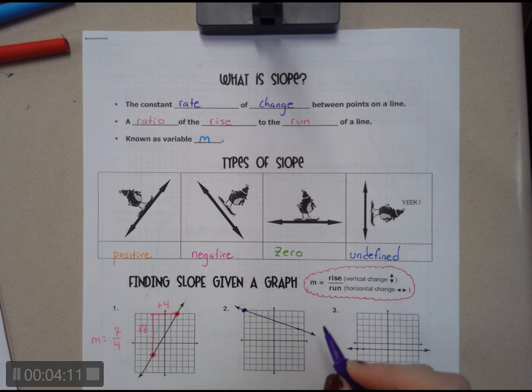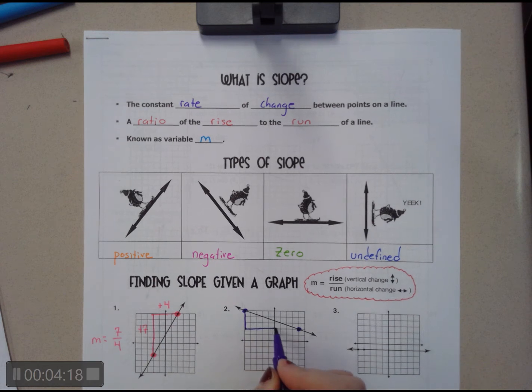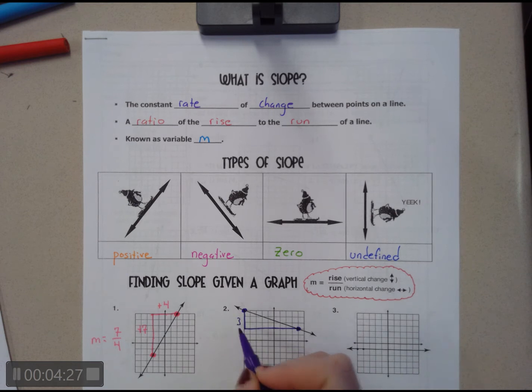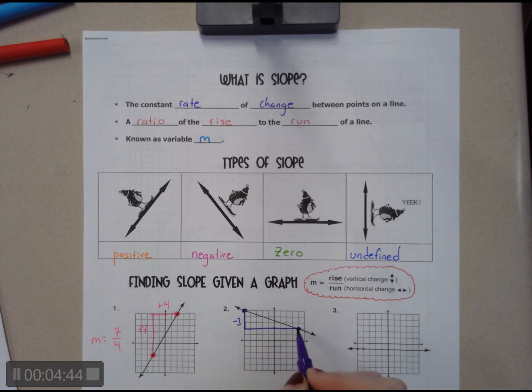Okay? Alright, so now we're going to go on to number 2. And I have a point here and a point here. And since this is my leftmost point, draw your triangle. Okay? And now we're going to start again from our leftmost point and count down this time. So 1, 2, 3. And since this time I counted down, it's going to be a negative 3. Because remember, up is positive, down is negative. And now I'm going to count to the right. 1, 2, 3, 4, 5, 6, 7, 8, 9.